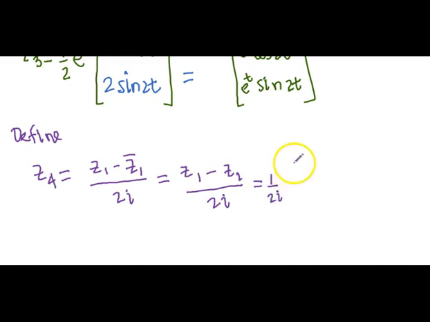It's multiplying e^t. We're going to factor e^t since that's repeated, and here we have e to the I 2t times a vector minus e to the minus I 2t times a vector.